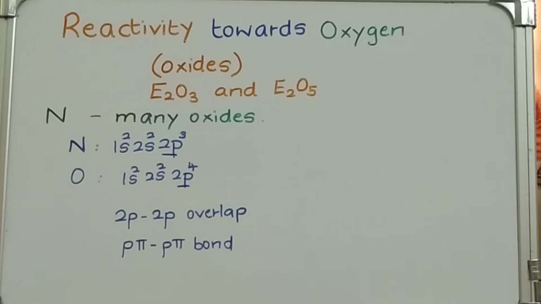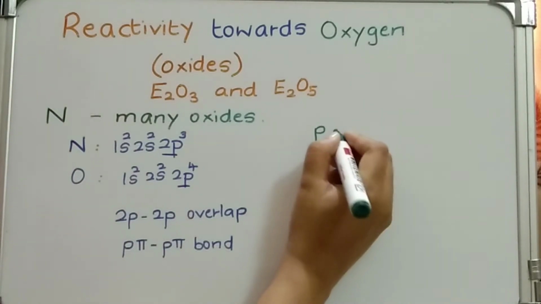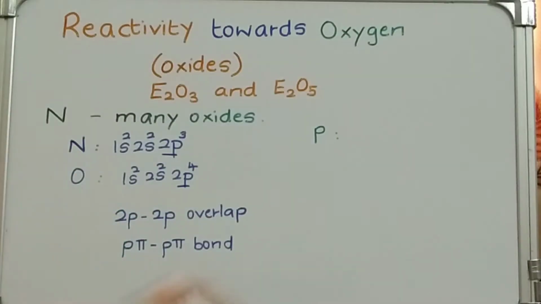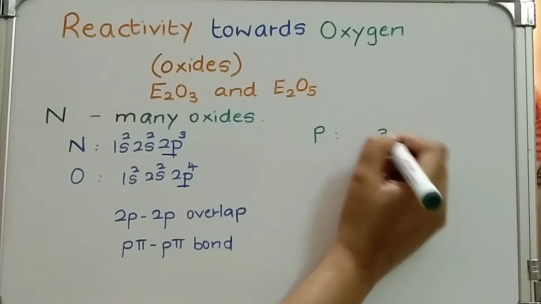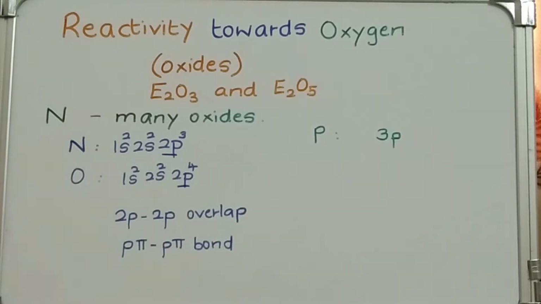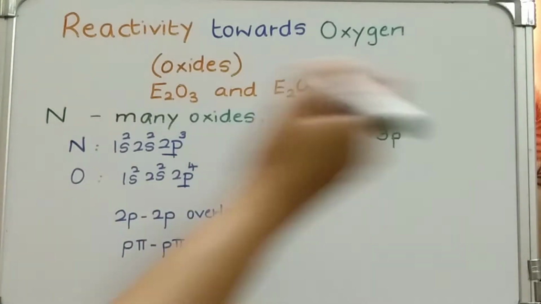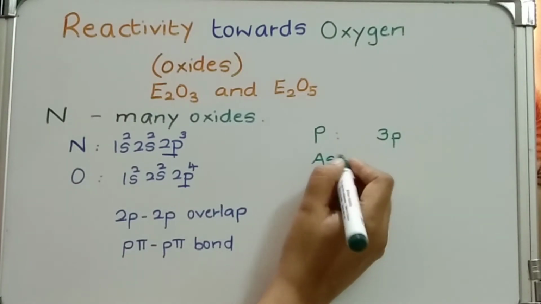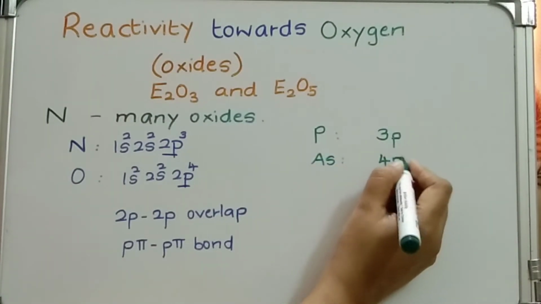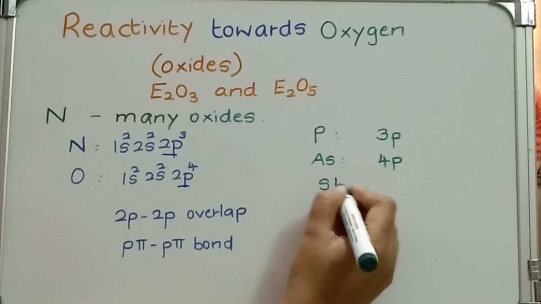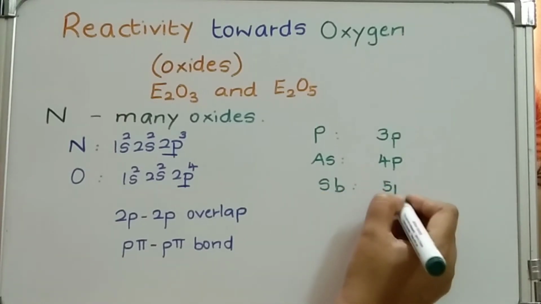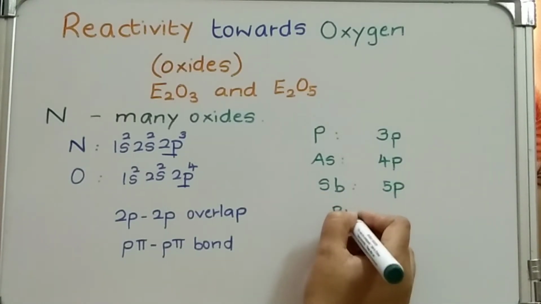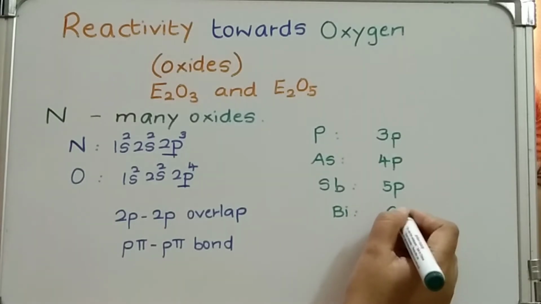Now take the example of other elements of the group, that is phosphorus. For phosphorus, the valence shell is 3p. I am not writing the entire electronic configuration. For arsenic we have 4p, for antimony it is 5p, and for bismuth it is 6p.